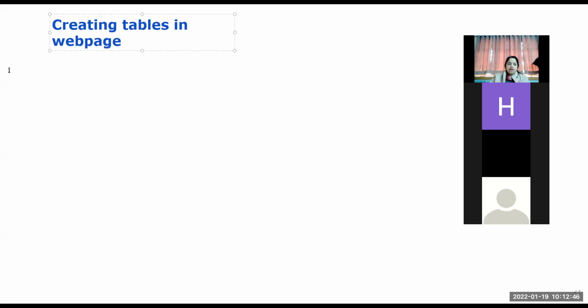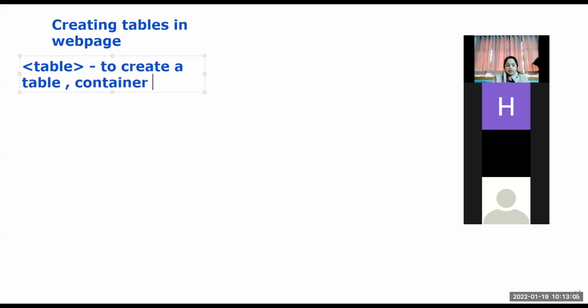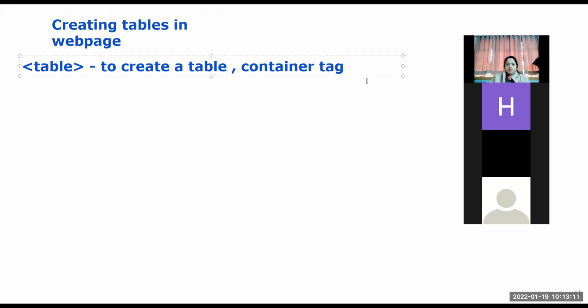First of all, for creating tables, you will need a table tag, to start creating a table in a web page. It is a container tag. That means there will be an opening tag and there will be a closing tag. Then for creating a table, you will need many other tags also.